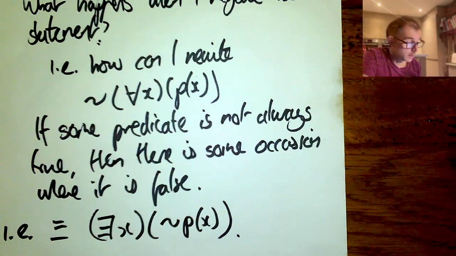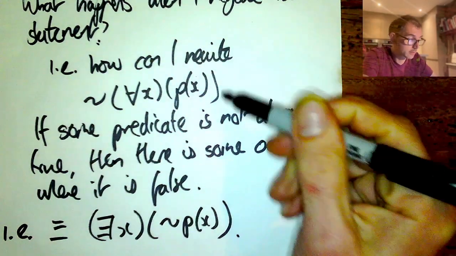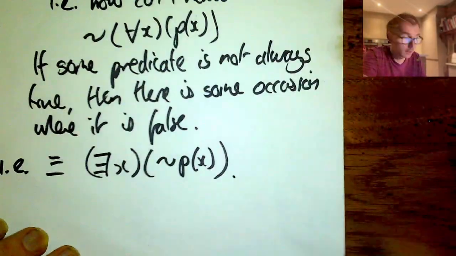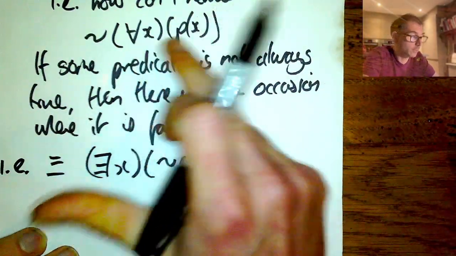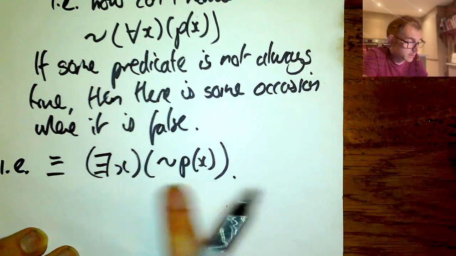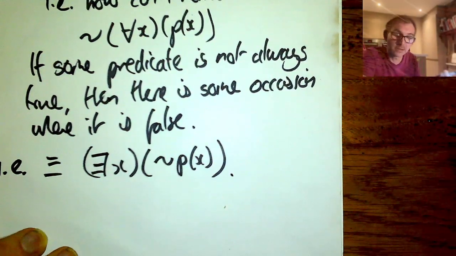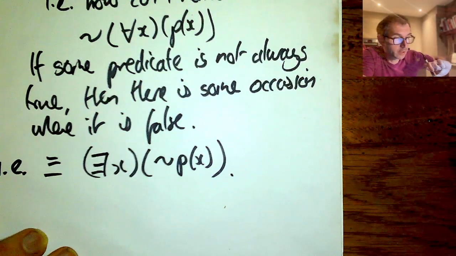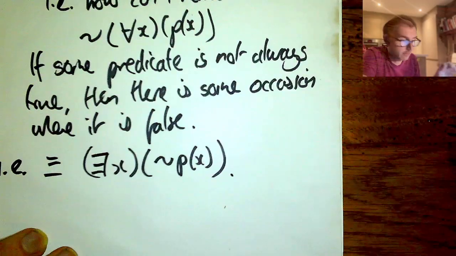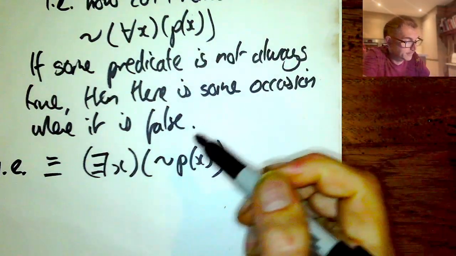And that is the rule. So not of for all x p of x is equivalent to there exists x such that not p of x. So it's a bit like when you're doing not of something and something, then when you take the not inside, then you swap an and for an or, and vice versa. It's very much the same idea.